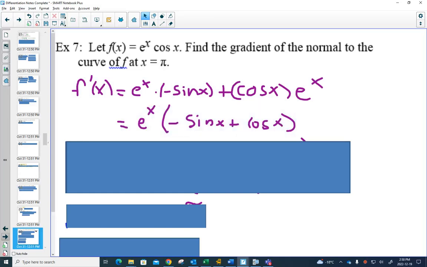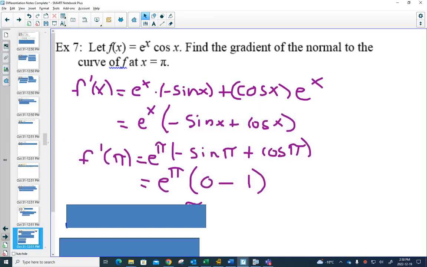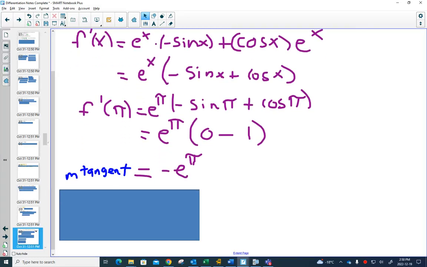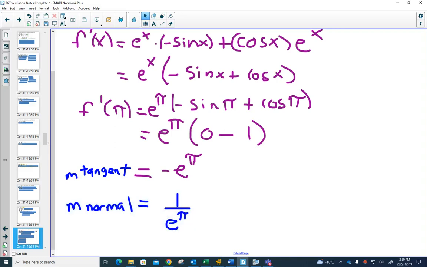So if you plug in pi, you would find that the slope of your tangent is -e to the pi. Then if you wanted to find the slope of your normal, it's perpendicular, so you just do the reciprocal, flip it, change the sign, and that would be the slope of your normal.